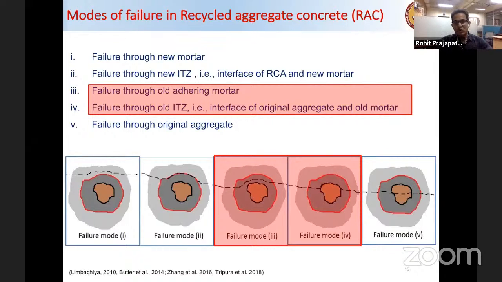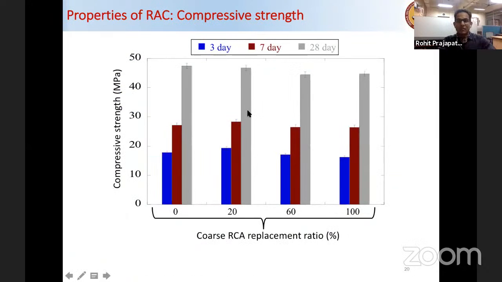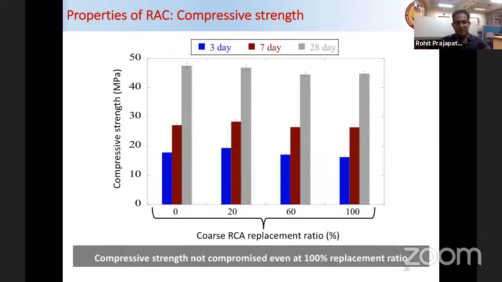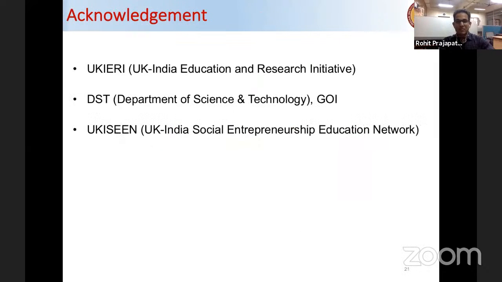This could also be seen in the next test, where we replaced the coarse aggregate with natural granite aggregate at replacement levels of 20, 60, and 100%. We could observe that even if we replace the granite aggregates with the treated recycled aggregate at 100%, the compressive strength was not compromised even at full replacement.